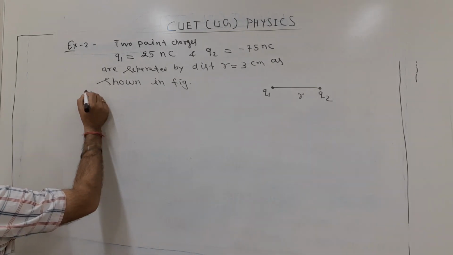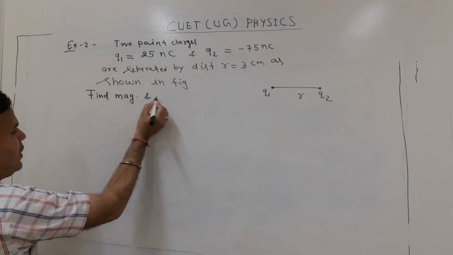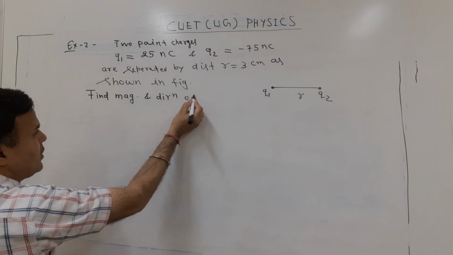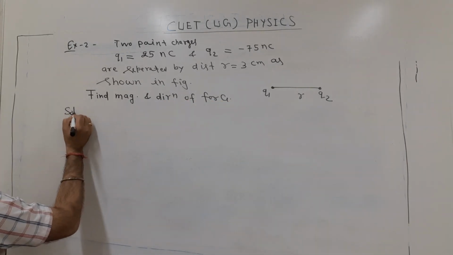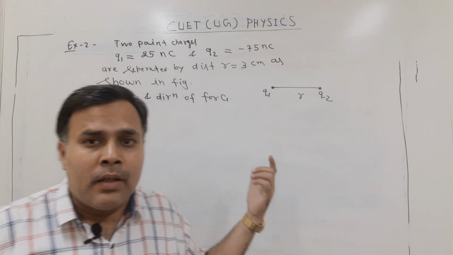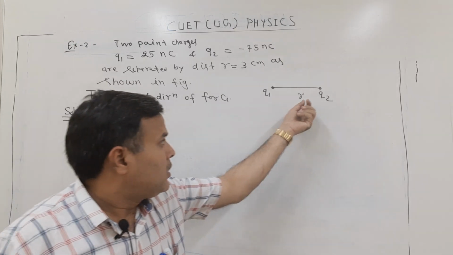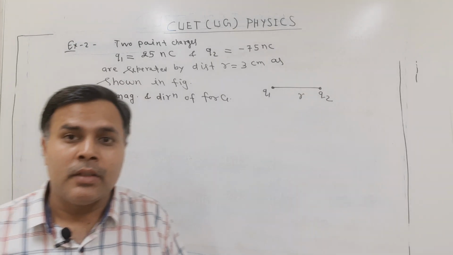Find the magnitude and direction of force. So, solution. How do we find the force between these 2 point charges which are separated by a distance r? We have a very good tool, that is Coulomb's law.